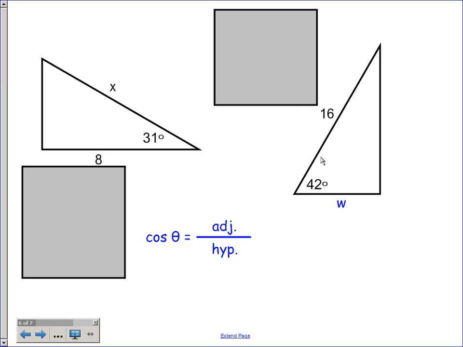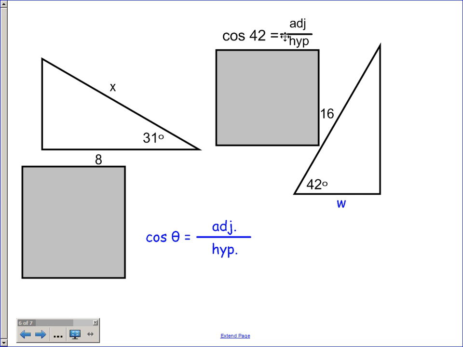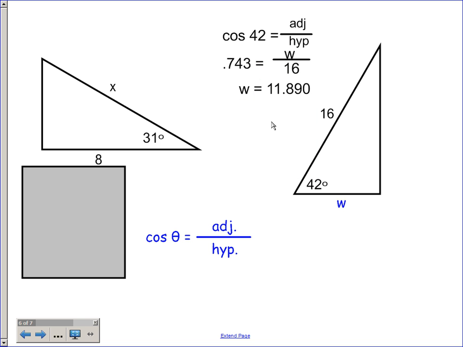Since I know adjacent and hypotenuse, the cosine of that angle 42 is equal to the adjacent over the hypotenuse. Substituting in from the calculator, 0.743 is equal to, then the adjacent's labeled W, the hypotenuse is labeled 16. Multiply both sides by 16, and I get that W is about 11.890.